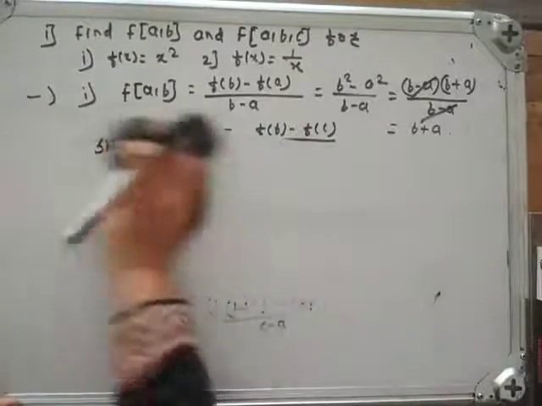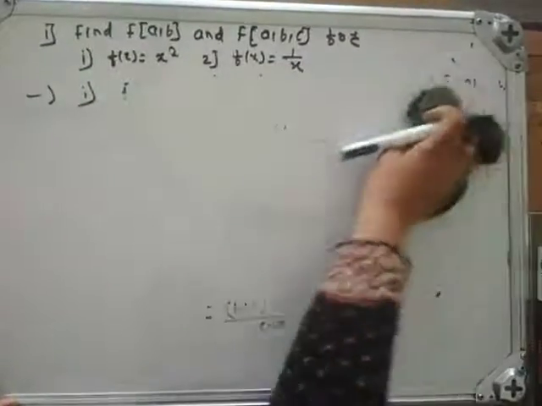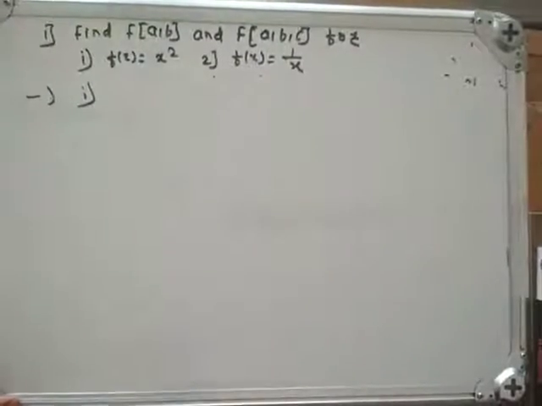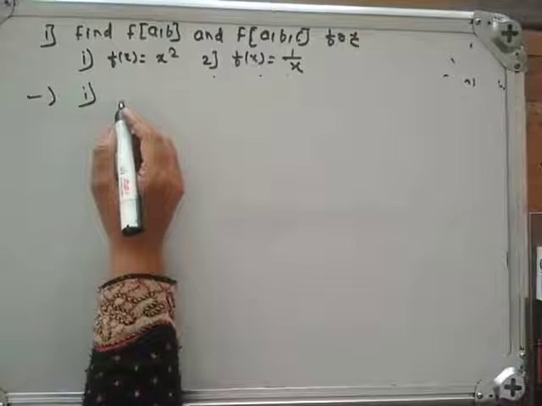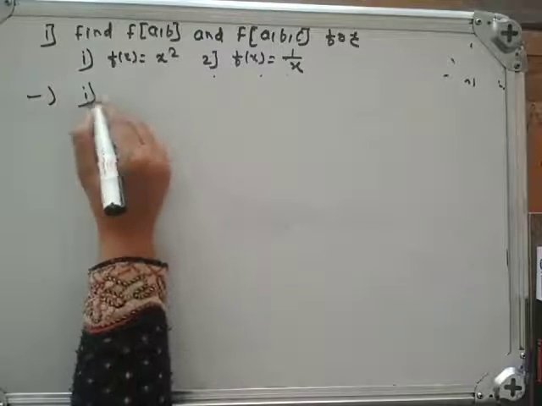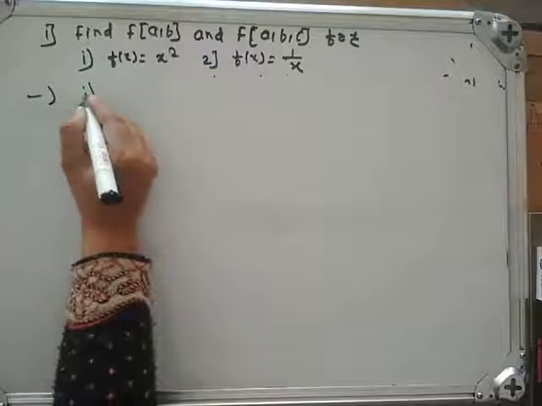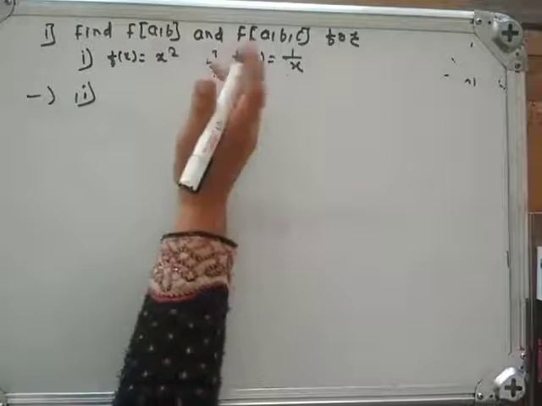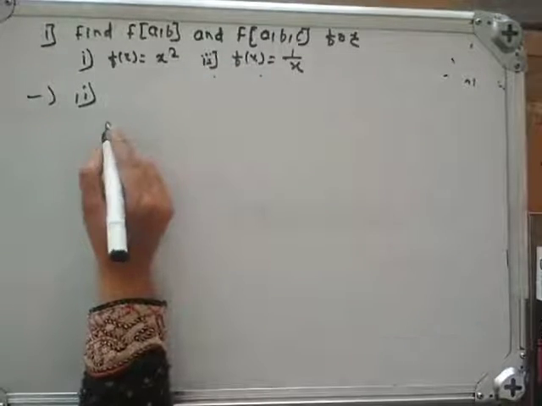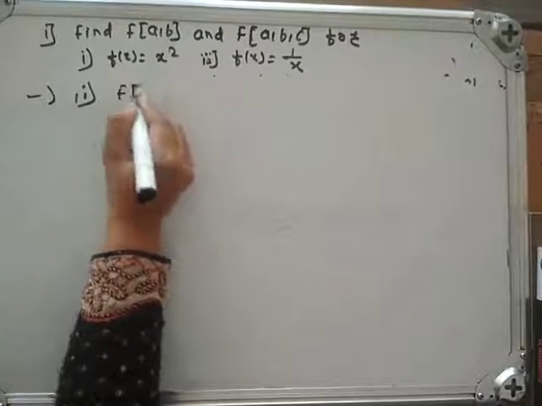Similarly, we can find f of AB and f of ABC for f of x is equal to 1 upon x. What is f of AB?